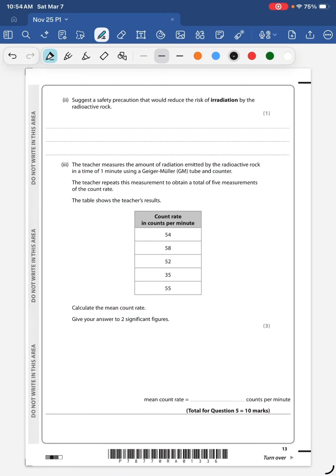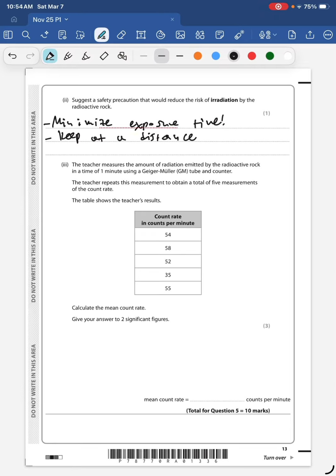Suggest a safety precaution that will reduce the risk of irradiation by the radioactive rock. Minimize exposure time. What else can we say? Keep it at a distance.